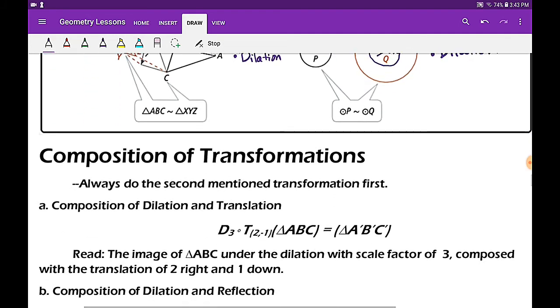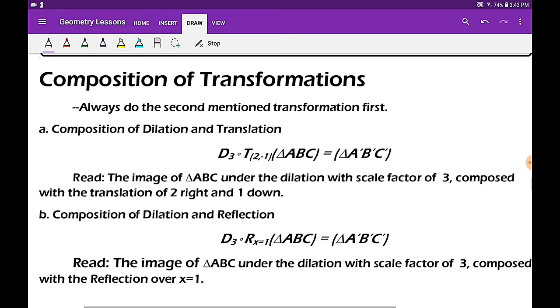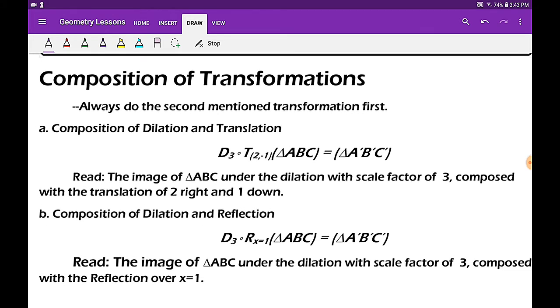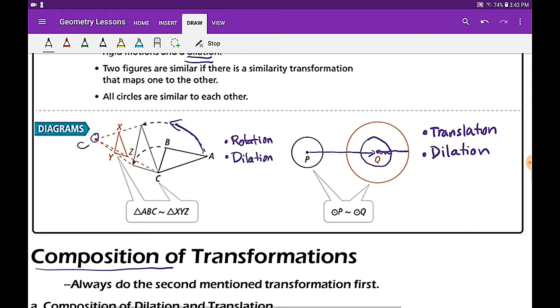Moving on. Now in this portion of the lesson, you will be reading about composition of transformations. Composition is just what we did: we combine different kinds of transformations into a sequence of transformations.